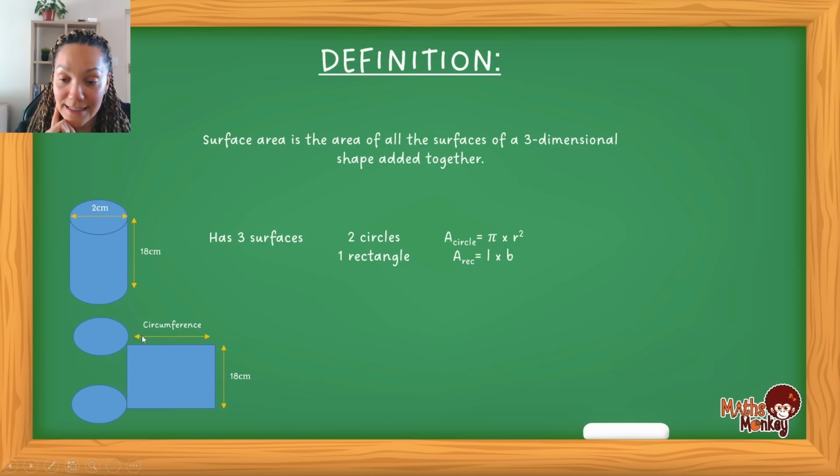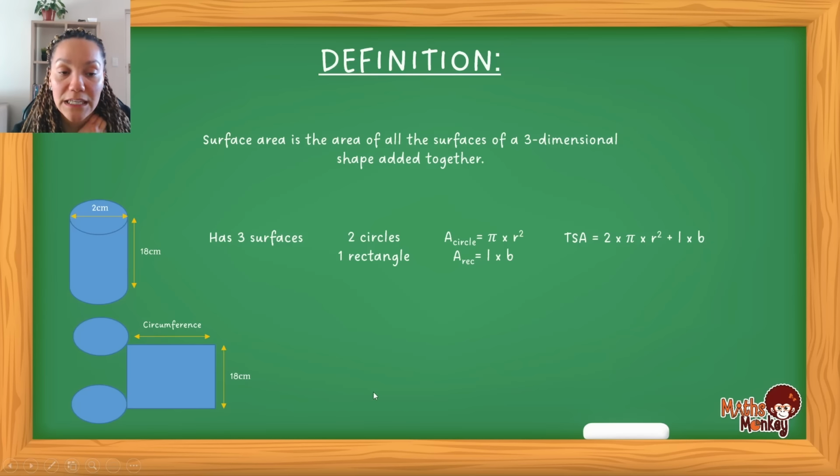Now this length is equal to the circumference of the circle, because it goes right around the circle when it's actually a cylinder. So this entire length around the circle is equal to this entire length here, which means this part is the circumference. So if I want to calculate the area of this rectangle, I say length times breadth, which is circumference times 18.